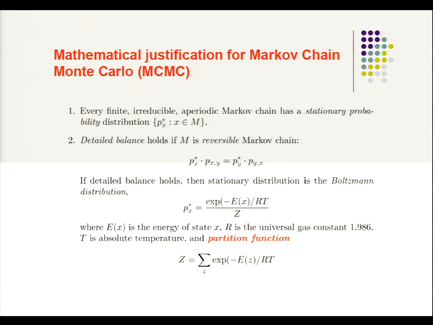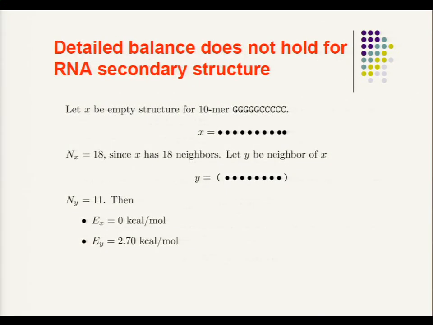Then one shows that the Boltzmann distribution is the stationary distribution, and it is known that the Boltzmann distribution concentrates on the lowest energy states. Detailed balance does not hold for our structure.